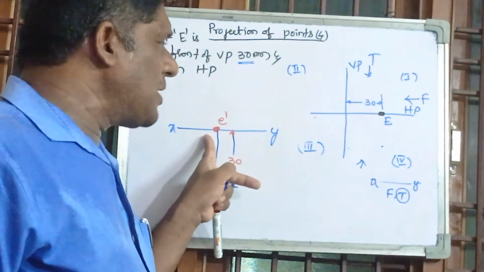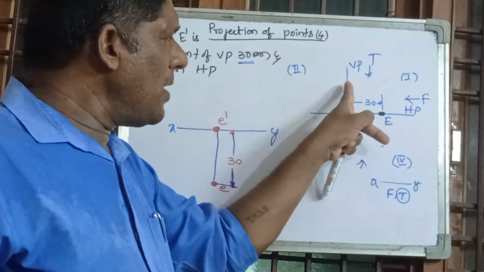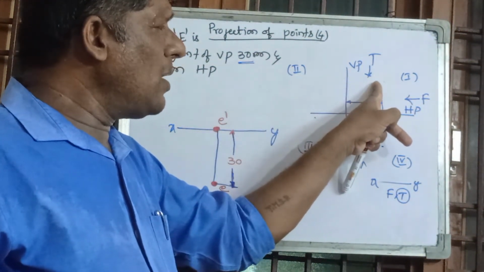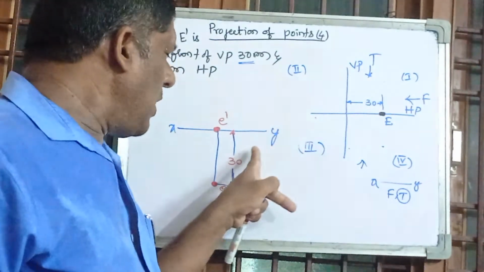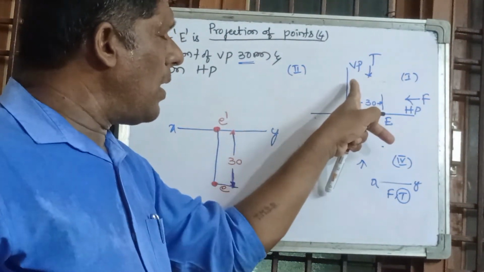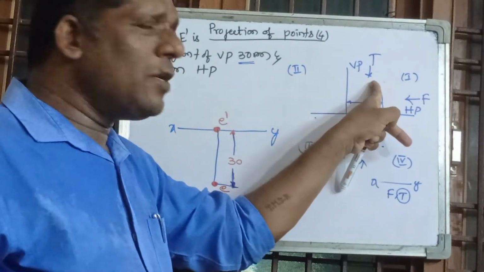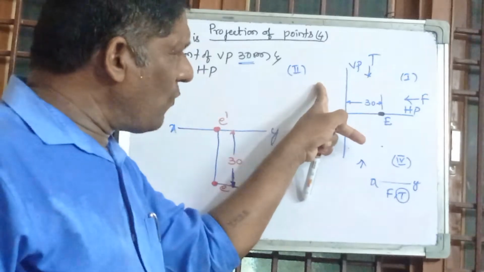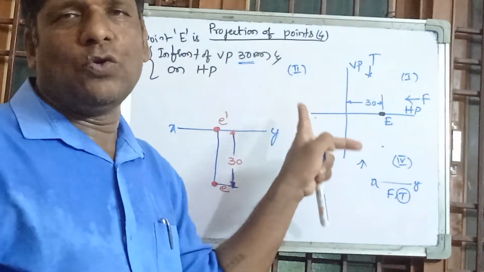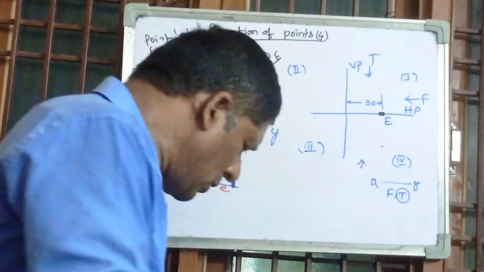And suppose the point is here, you can go for the second quadrant or the third quadrant. This point belongs to the second quadrant. If you go for the solution, you will get the exact solution, or you can go for the third quadrant also, and you will get the exact solution. So there is no doubt in that.